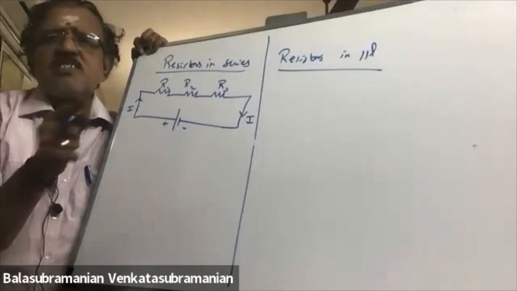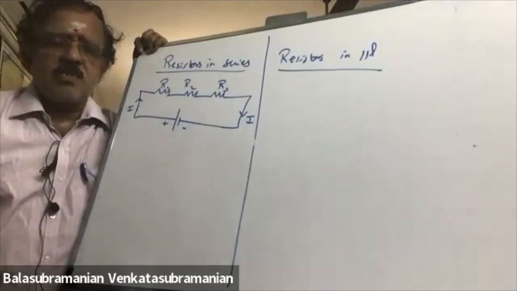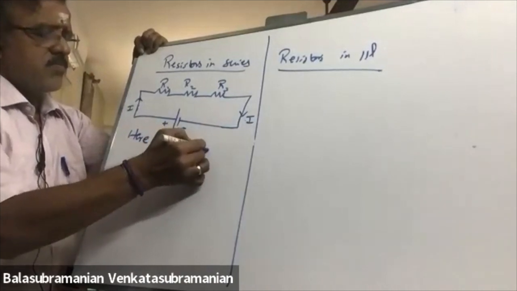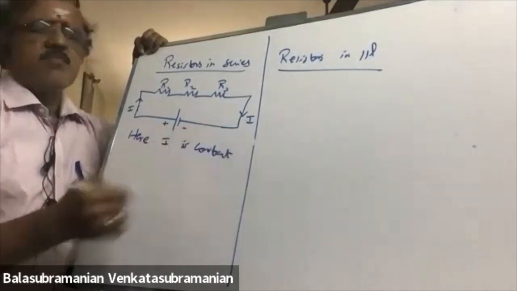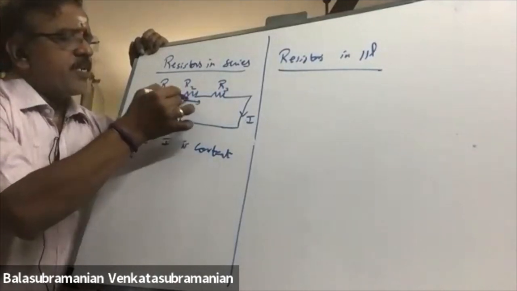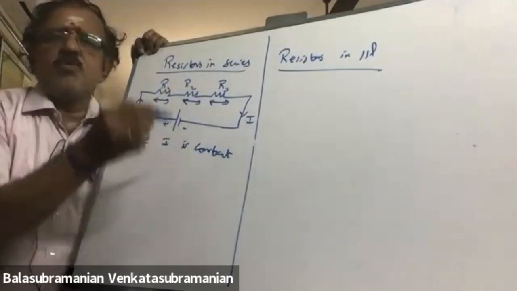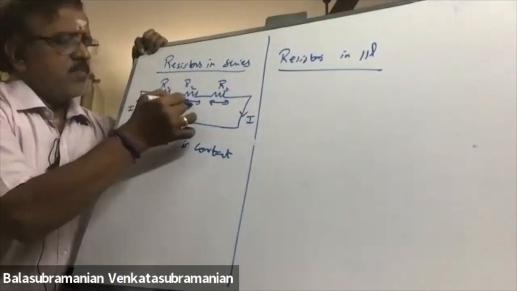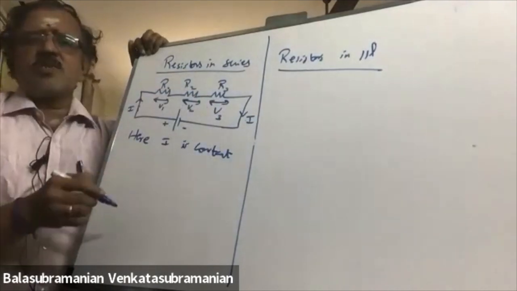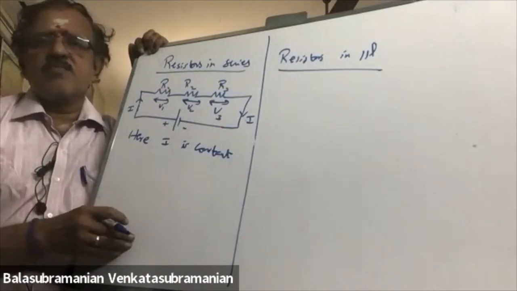If resistors are connected in series, current is constant. Here, I is constant. But every resistor's potential difference will differ: V1, V2, V3. Here, current is constant. Potential difference is different.